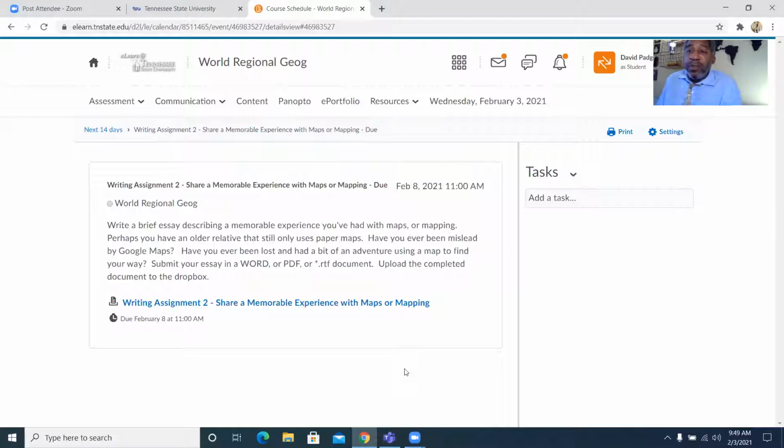Have you ever been lost? Even if you were lost in a mall, maybe you tried to read the little maps in the mall and you couldn't figure it out and wound up not ever finding that store you were looking for. All those are examples of how you could successfully complete that assignment.